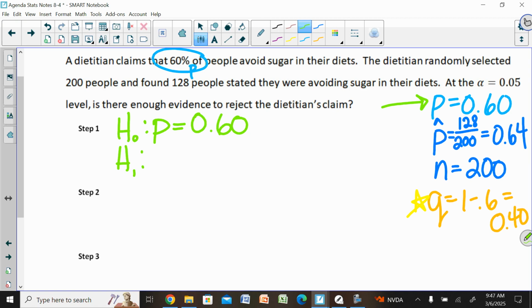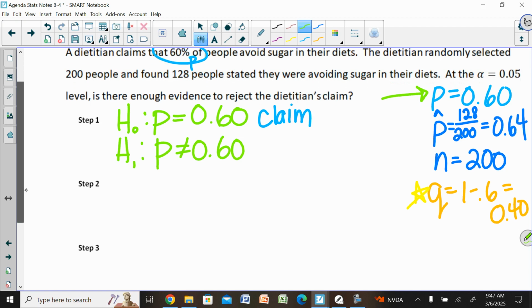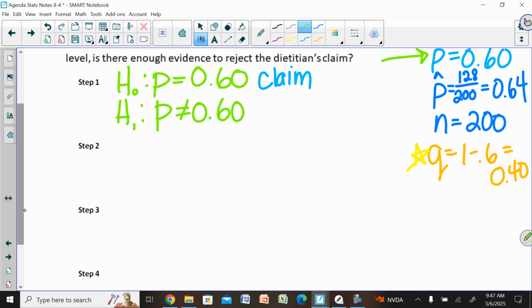It's not saying that it's less than or greater than. So the dietitian is actually claiming H sub 0. We don't know bigger or smaller, so we're just going to say that our H sub 1 is that 60% of people are not avoiding sugar in their diet. It's just not.